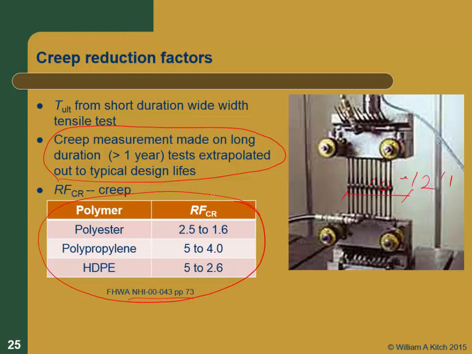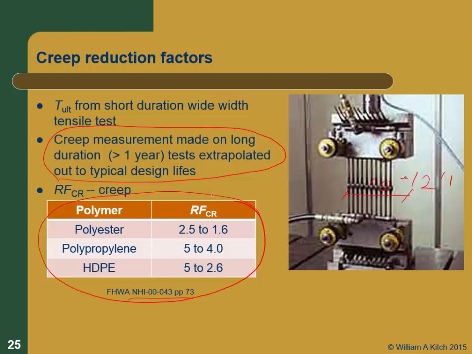If you're using HDPE, you're already down to 1/4 to 20% of the ultimate capacity of it. This is why these things are so resilient in earthquake loads and all this other kind of stuff, because you're using a very small fraction. And notice how much lower the reduction factor is in polyesters.